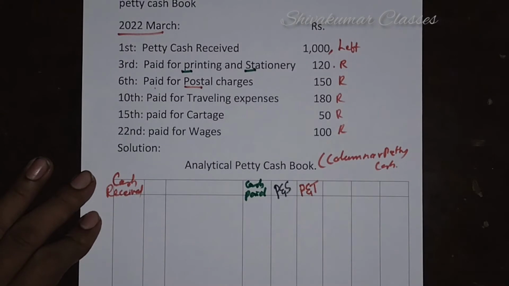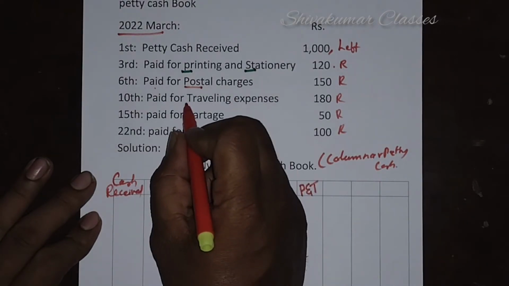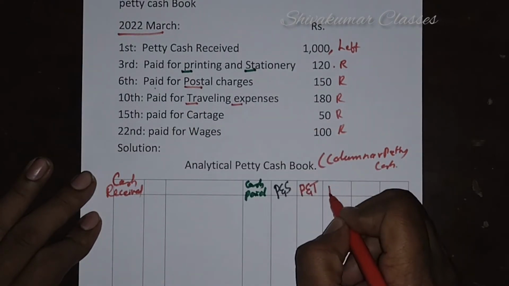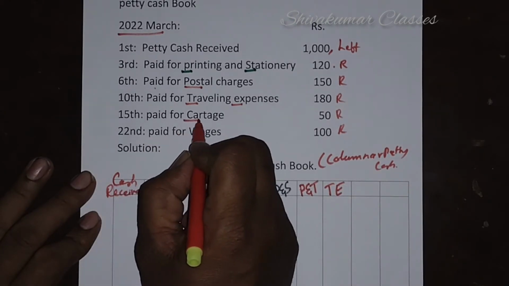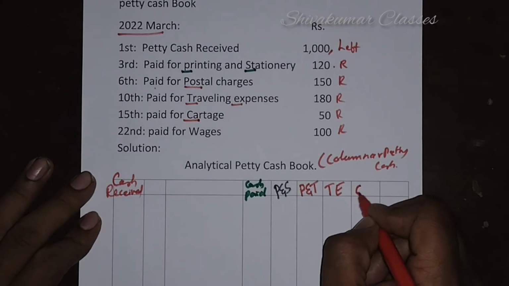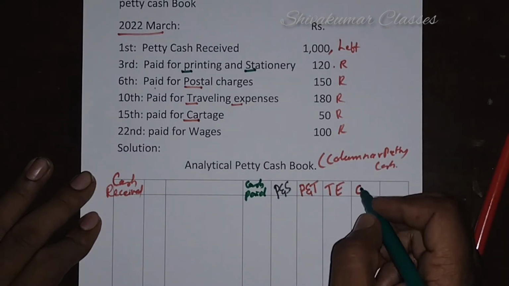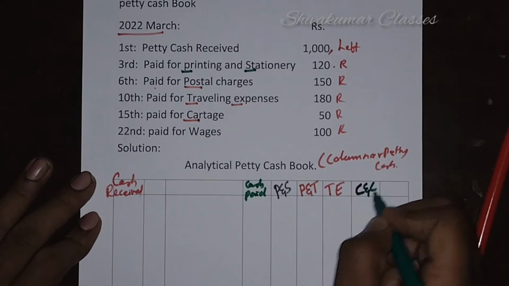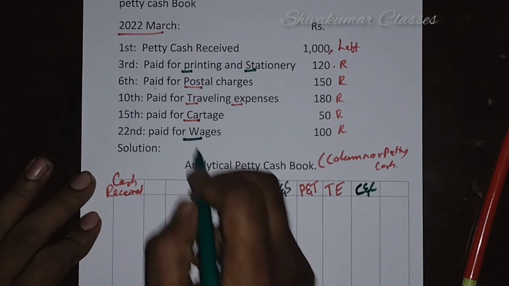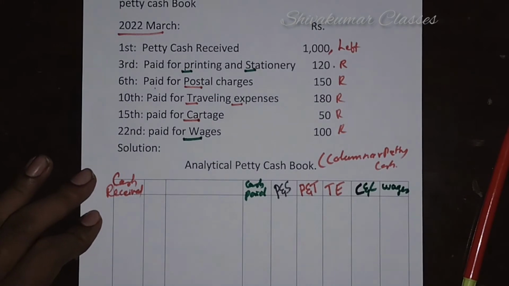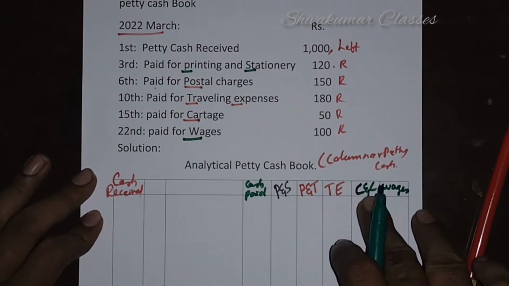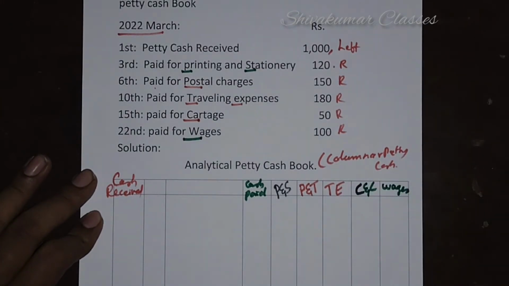The third one is paid for traveling expenses, so let me write it as TE, traveling expenses. The next one is paid for cartage, recorded as coolie and cartage. And the last one is paid for wages. Like that, for different expenses we can maintain different columns.